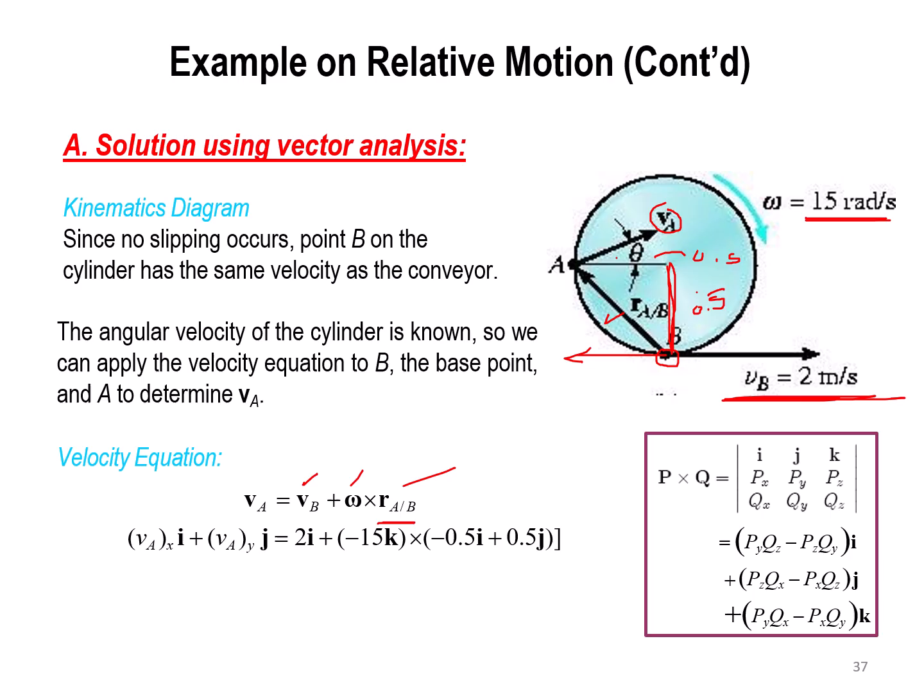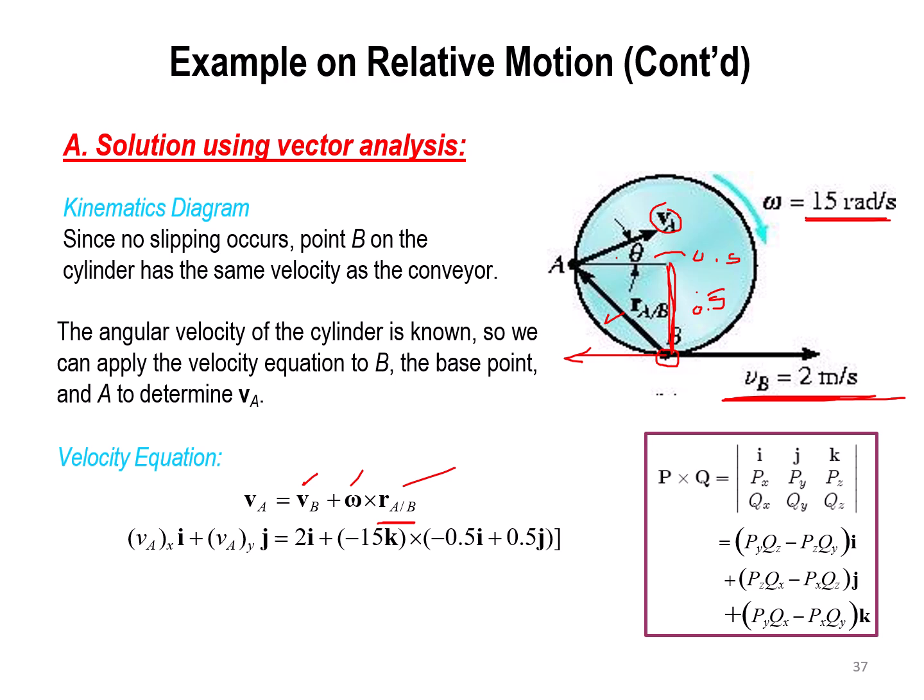The omega is in the clockwise direction, and thus it's going to have a negative value, so minus 15k, because it's around the z-axis. And we said that RAB as a vector is going to be negative 0.5i, because it's going in the negative direction of the x-axis, while the y is going to be 0.5j, because it's going upward.